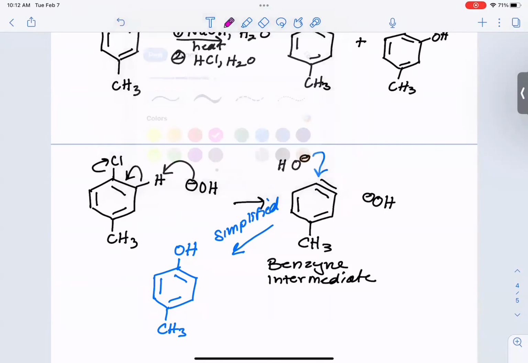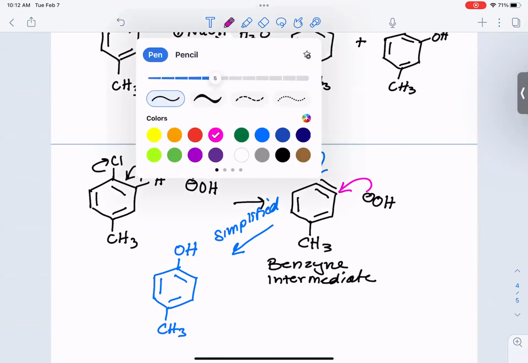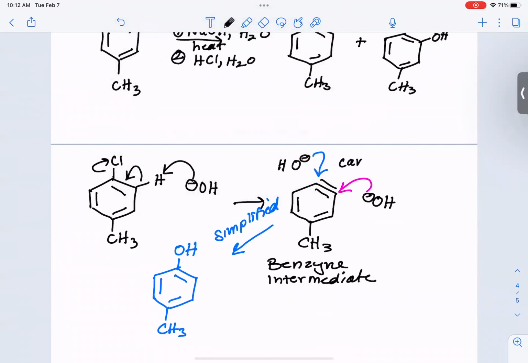If the OH group adds to where I indicated with the pink arrow, because they're equally reactive, then I get that second product.